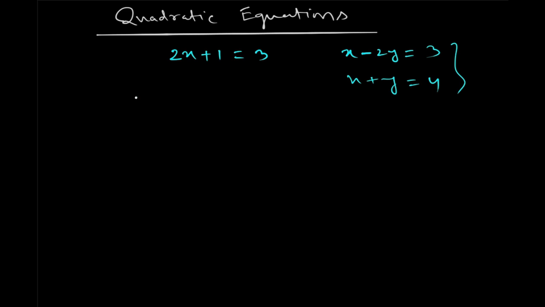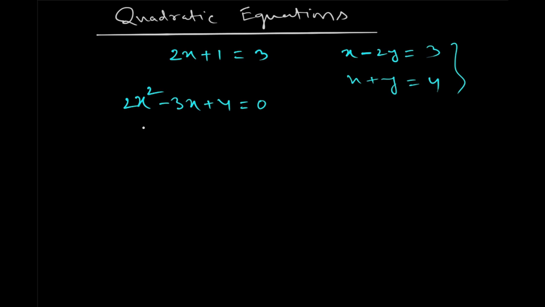Consider this equation: 2x square minus 3x plus 4 is equal to 0. This is a quadratic equation. You can see that the maximum power of the variable x is 2. So this is a quadratic equation of one variable, involving only one variable x.